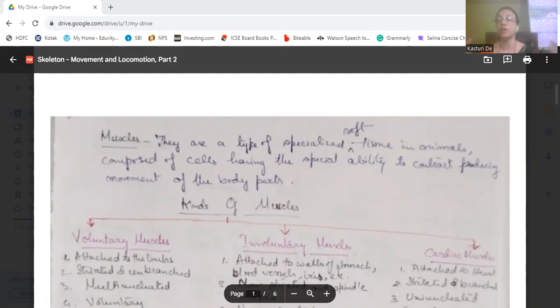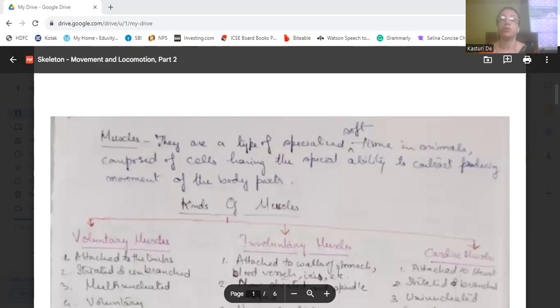When they contract and relax, they produce movement of the body parts.